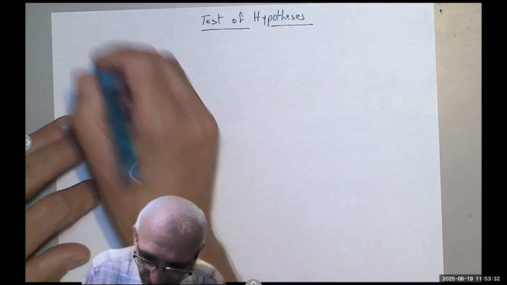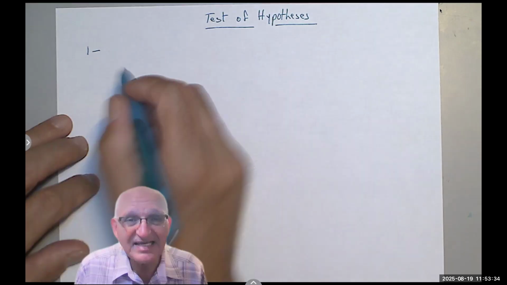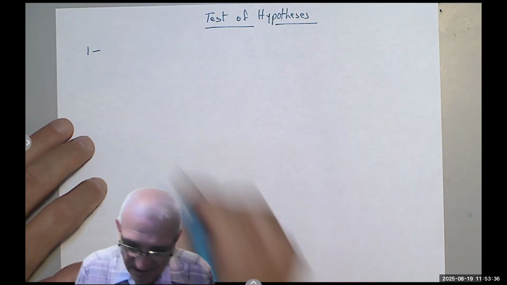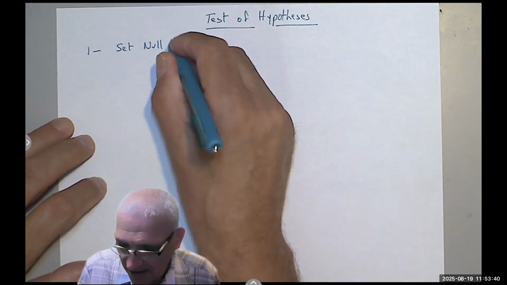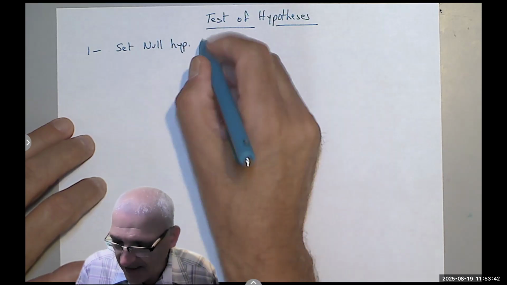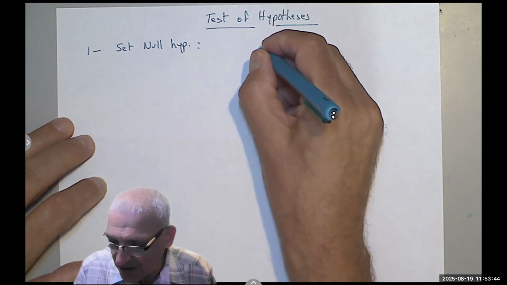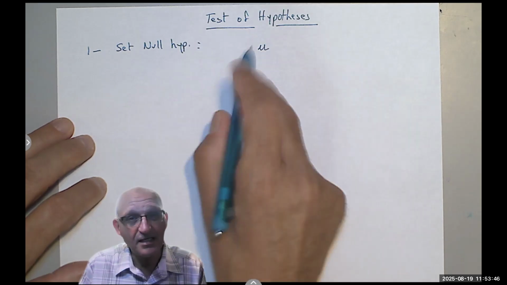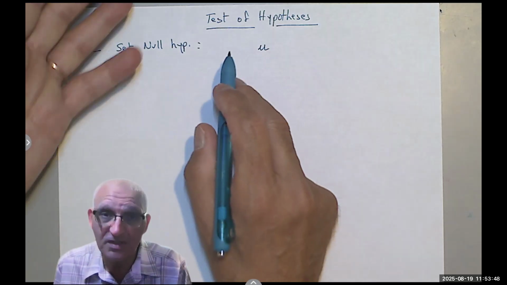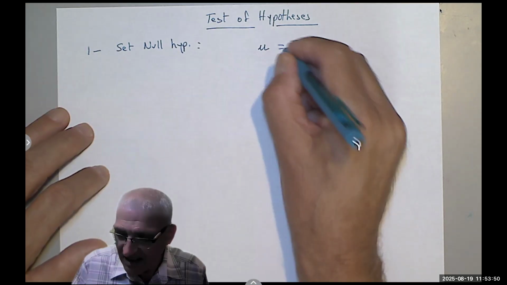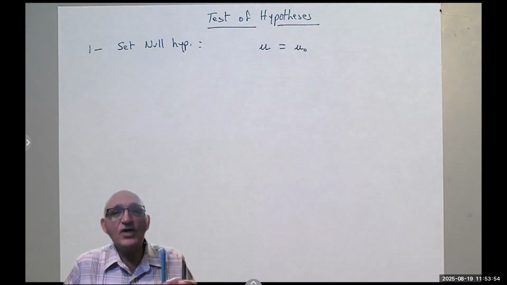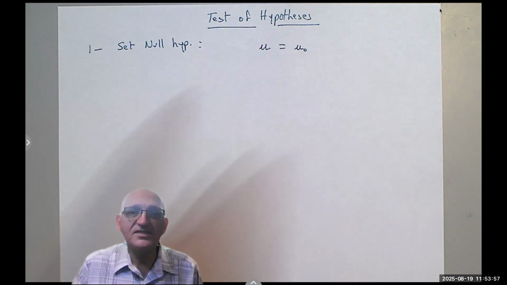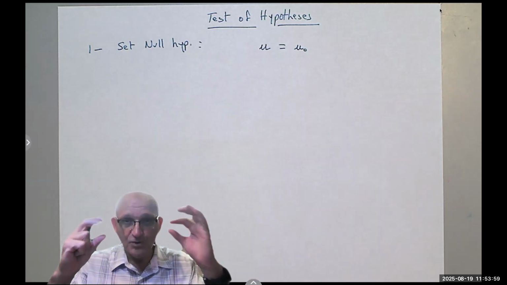The first step we take is that we set the null hypothesis. And it's always going to be equal, like mu, if we are testing the mean. Okay, we'll start with testing the means. Mu equals some number, let's call it mu sub 0. The null hypothesis always comes as an equality. Mu equals something.